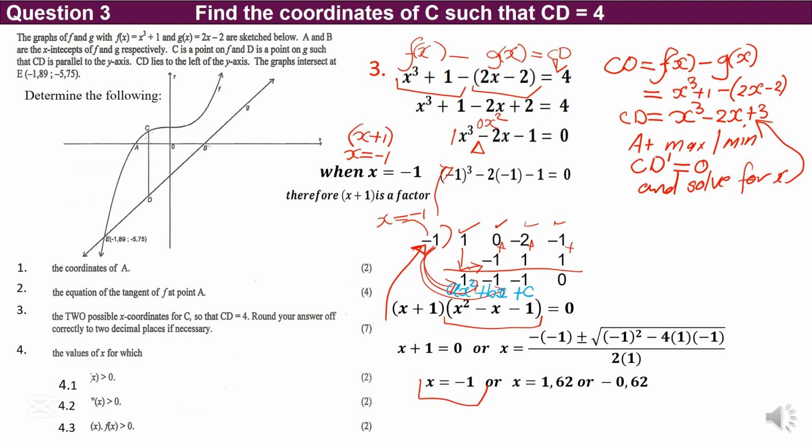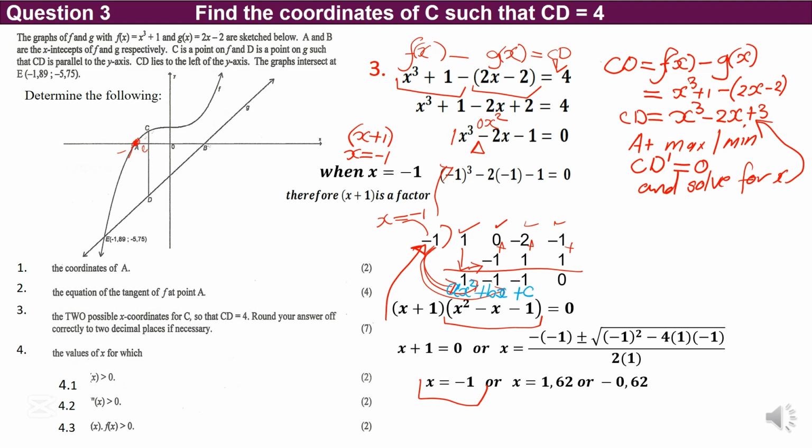So of the values of x from this expression, the 1.62 is out because our line is on the negative side. We have got -1, which is the x-intercept at point A, also from our previous calculation. Then the other value is -0.62.